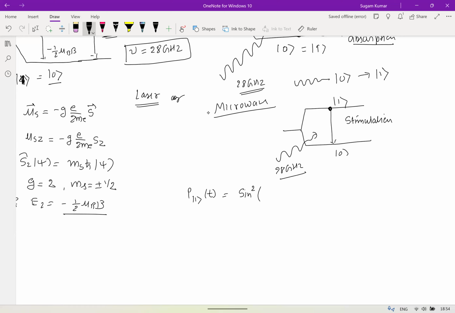The probability is going to be omega t by 2, where this omega, maybe I can call omega r, is called the Rabi frequency, and t here is nothing but the interaction time.